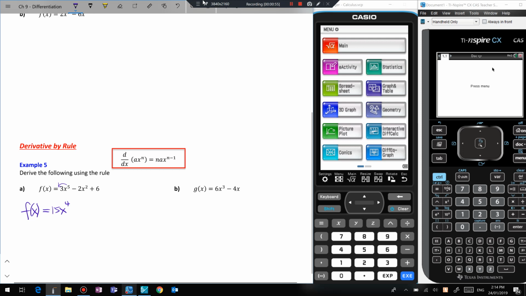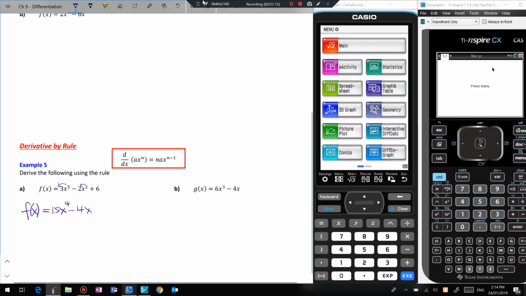Likewise here, minus, if we bring that 2 down the front and multiply it, we get 4x to the power of 1. So our derivative is 15x to the 4 minus 4x to the 1, or just 4x.